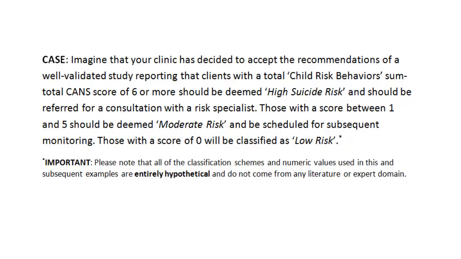Those with a score between 1 and 5 should be deemed moderate risk and perhaps be scheduled for subsequent monitoring, while those with a score of 0 will be considered as low risk. Please do note, of course, that this is an entirely hypothetical situation. This does not come from any validated data.